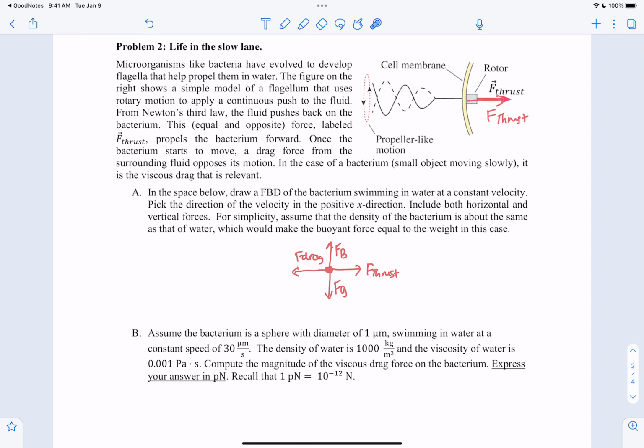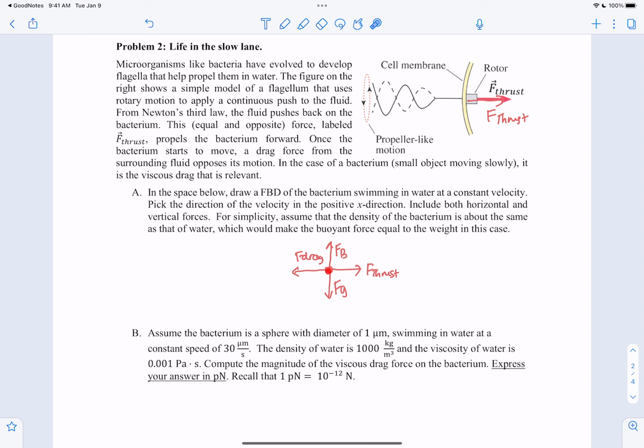Why? Because when they were talking about Newton's third law, they said that the fluid pushes back on the bacterium, giving you that thrust force, but that rotary motion is actually pushing to the left. So there's actually an F push force from the bacterium's flagellum onto the fluid to the left.